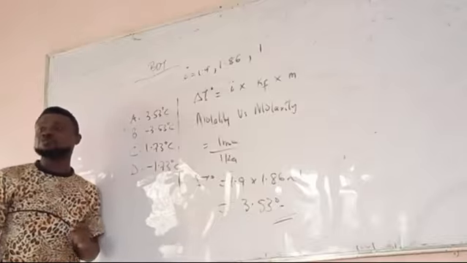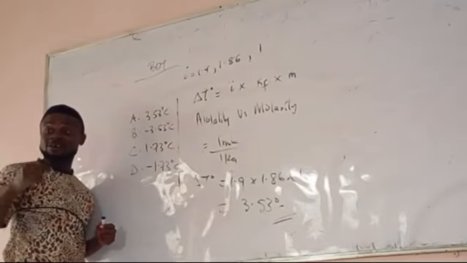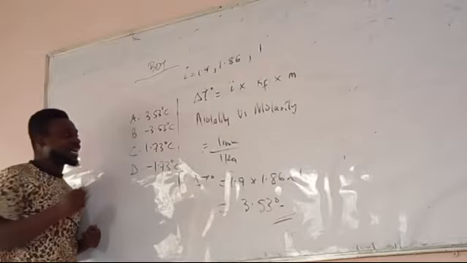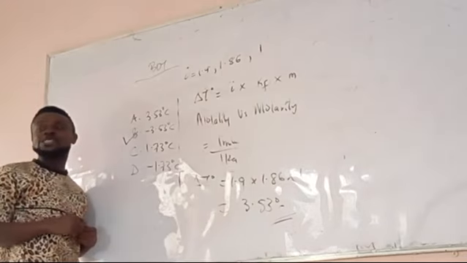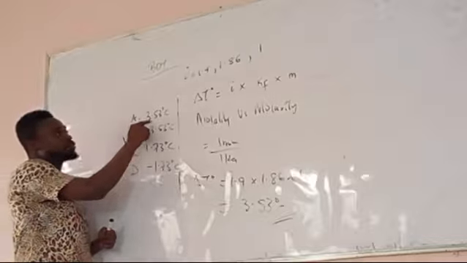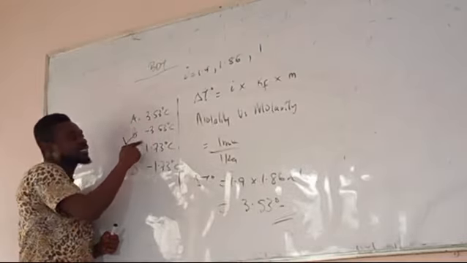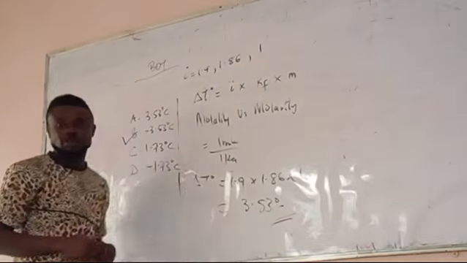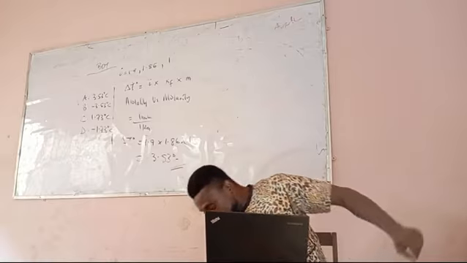It's less than 0, so you should put a minus. Please, let's be careful. It's what? Minus. If the question says freezing point depression, that's when you can put 3.53. But it says freezing point, so it's minus 3.53 because it's less than 0. Please. So now let's look at the other questions.